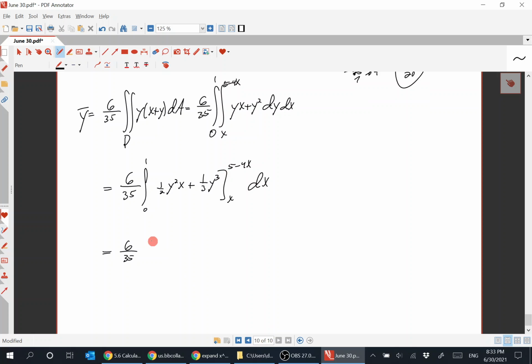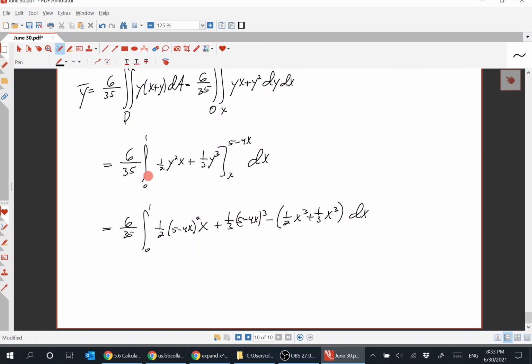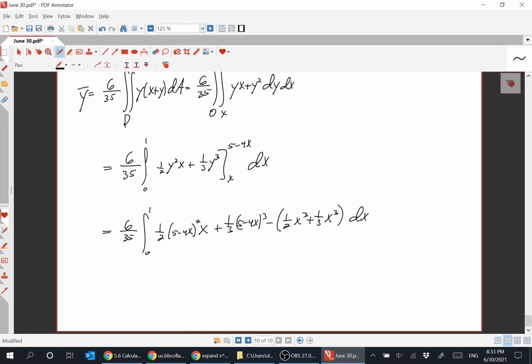So integral from 0 to 1, so 1/2 times 5 minus 4x squared times x, plus 1/3 times 5 minus 4x to the third, minus 1/2 x to the third plus 1/3 x to the third, dx. Even worse.